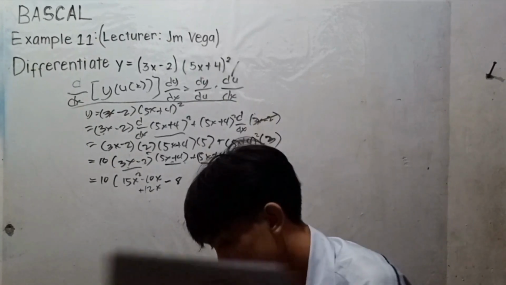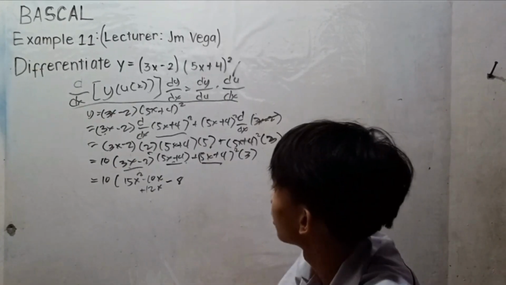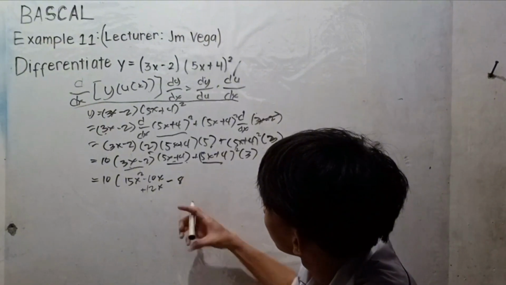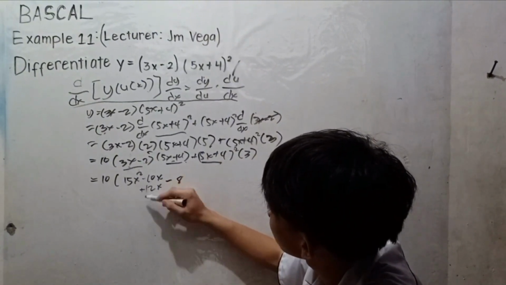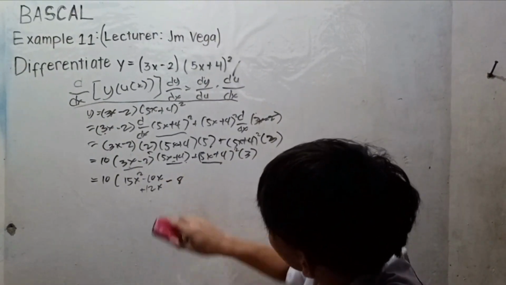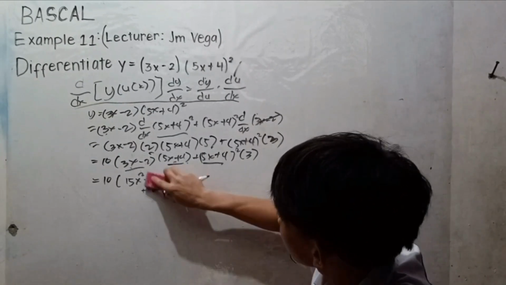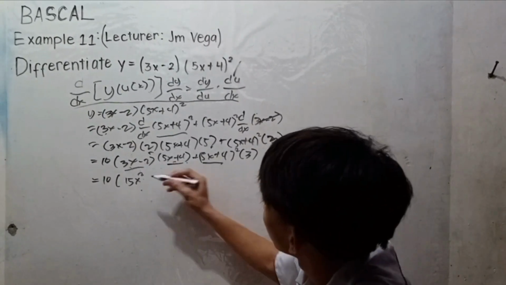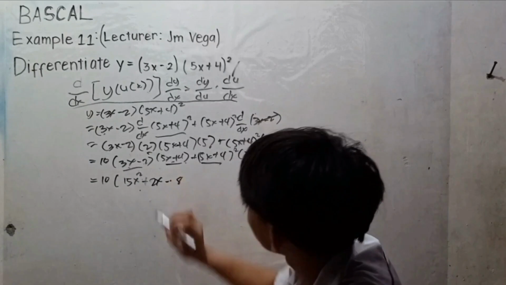Since these are like terms, negative 10x plus 12x is positive 2x.